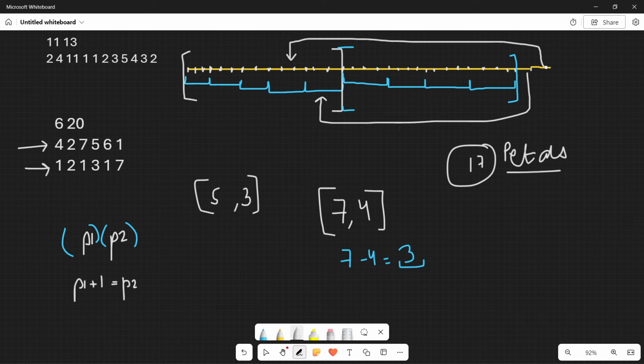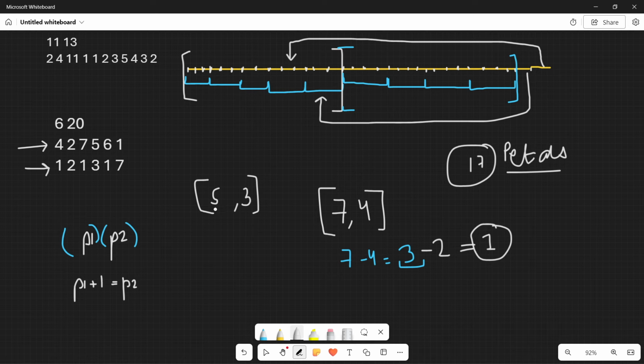If this petal is merged in this flower of size 3, this flower would now become a flower of size 4. Now you are utilizing 2 more flowers of size 4. 3 minus 2 is equal to 1. Now you are remaining with one flower of size 4. Remember one thing.